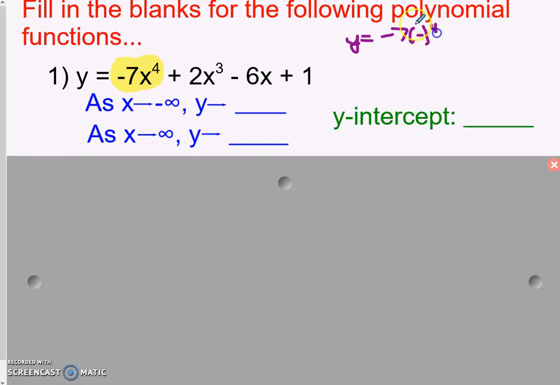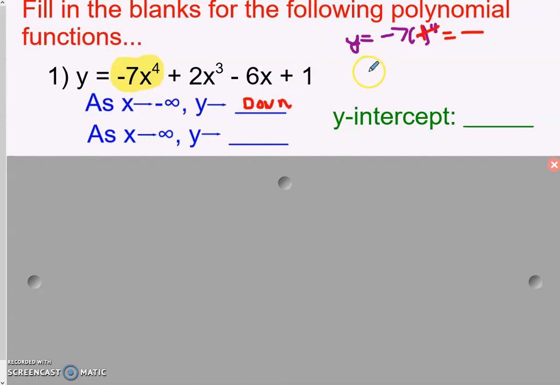Well, anytime you take a negative to an even power, it just becomes a positive. And when I take negative 7 times a positive number, it becomes a negative number. So as x approaches negative infinity, it looks like y is going to be going down towards the negatives.